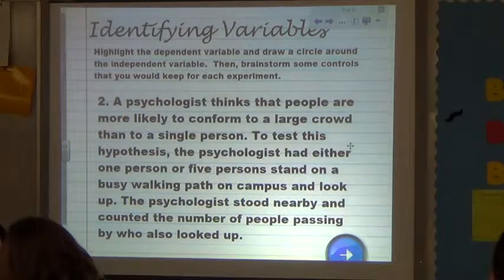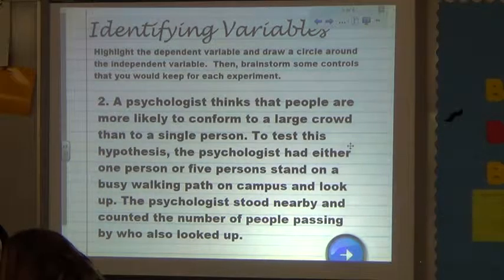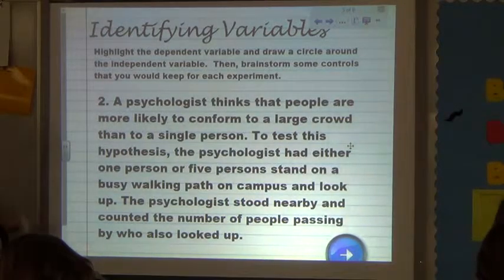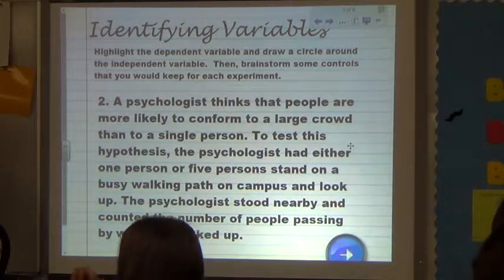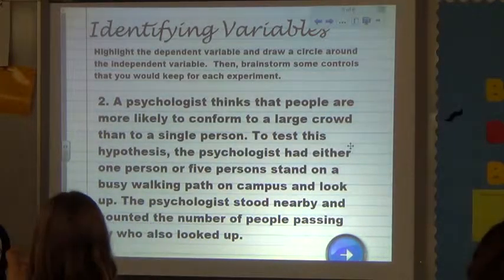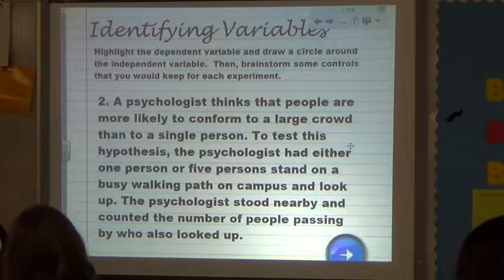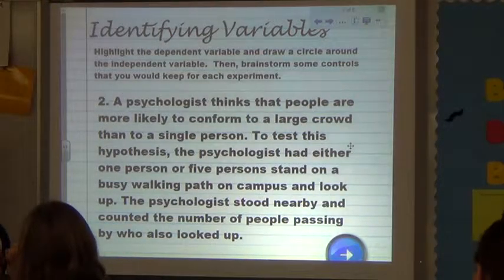A psychologist thinks that people are more likely to conform to a large crowd than to a single person. To test this hypothesis, the psychologist had either one person or 5 people stand on a busy walking path on campus and look up. The psychologist stood nearby and counted the number of people passing by who also looked up.